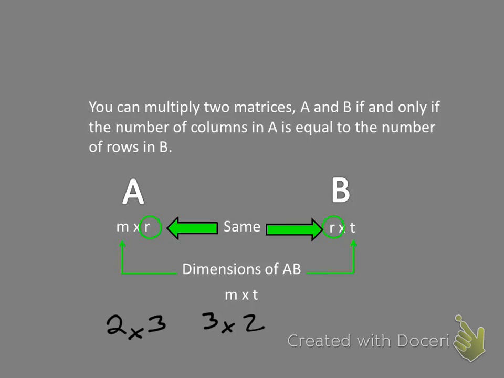The answer you're going to get will become, and this is the weird part, a 2 by 2. This is where you get your funny business, because you can have two different dimensions of matrices and completely result in a new dimension of matrix as far as your answer goes.